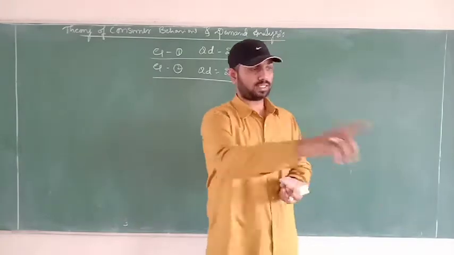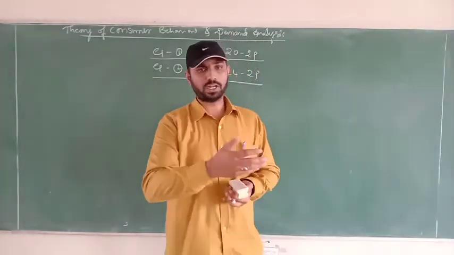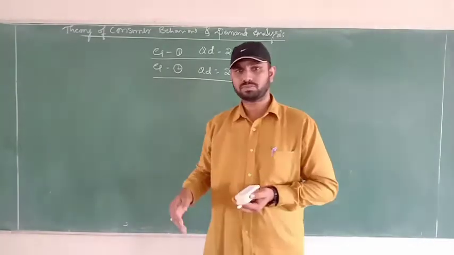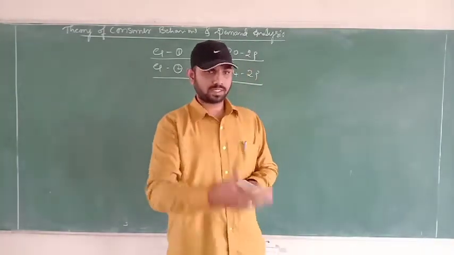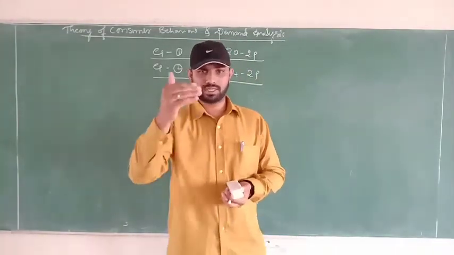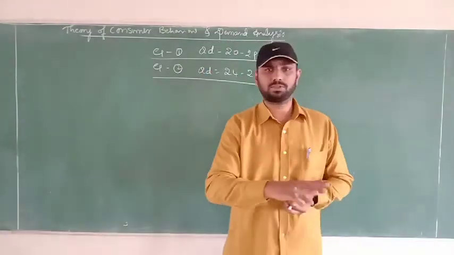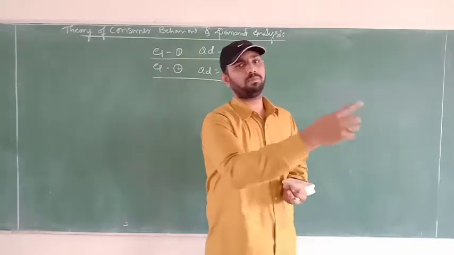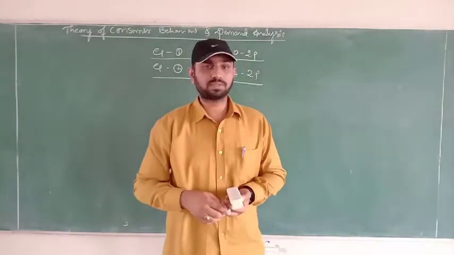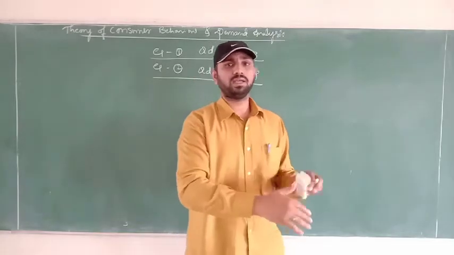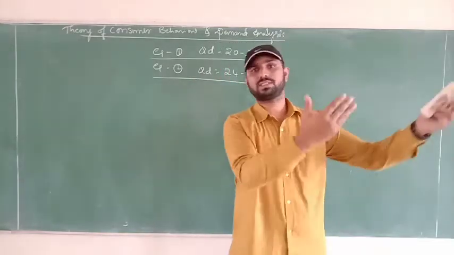And if you ask another consumer what he will do: when the price was 30 rupees, he used to buy some 4 kilos. Now the price has come down to 10 rupees from 30. Then what will he want to do? If you ask the second consumer, he may buy more tomatoes. Before he used to buy 4, and now he may buy more than 4, that might be 5, 6 or 7.